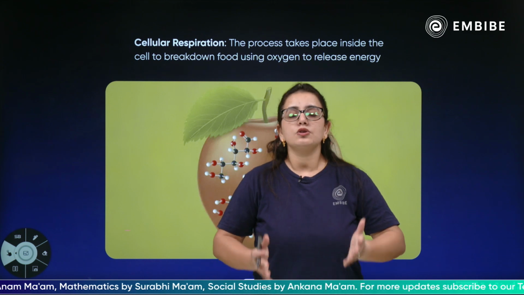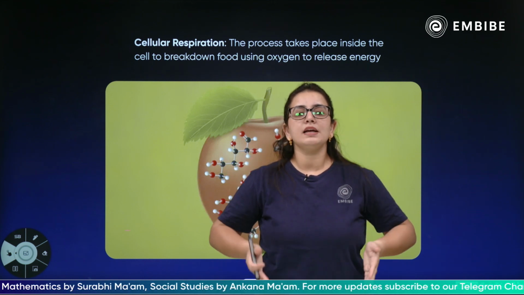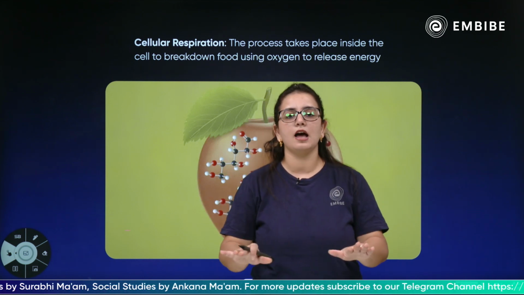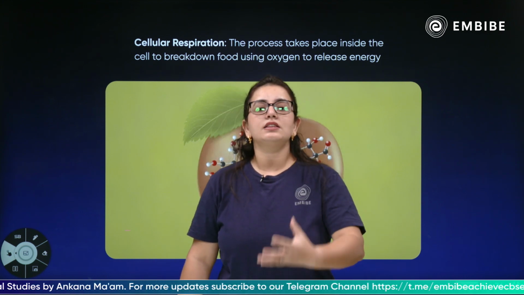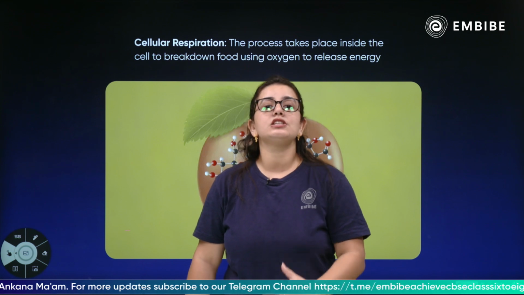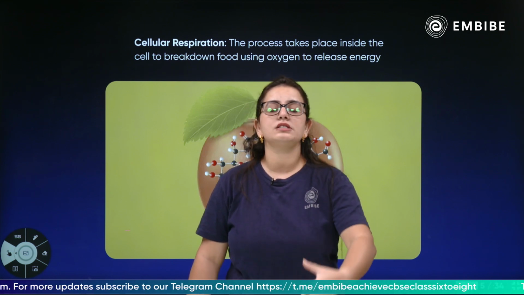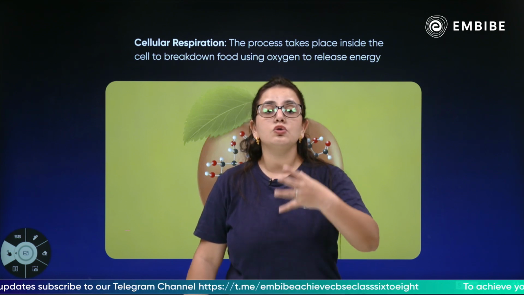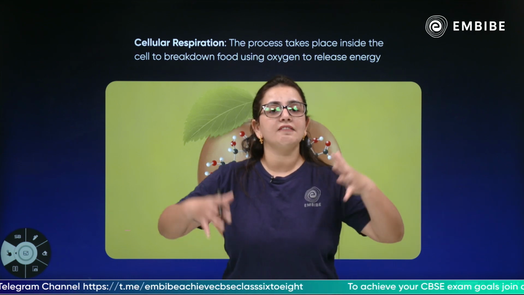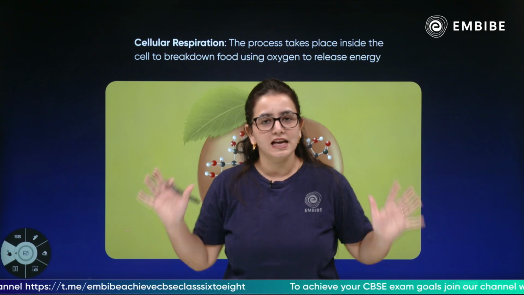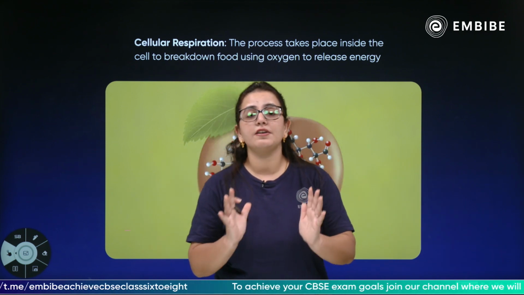In general, you breathe in oxygen. You inhale oxygen and exhale carbon dioxide. But what happens to the oxygen you inhale? That oxygen is utilized in the process of respiration to break down the food into simpler components and release a lot of energy. This is what cellular respiration is.